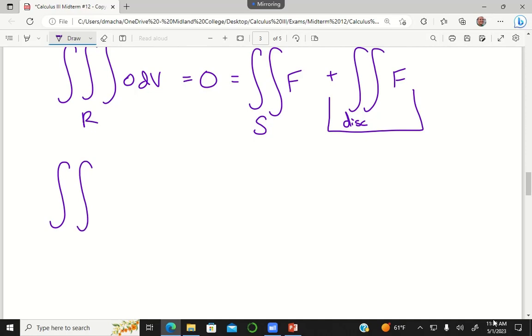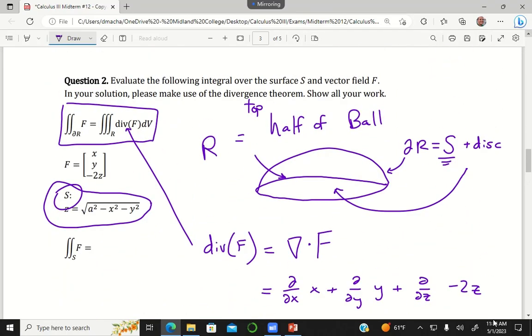To take the integral over the disk, we may not even have to do any work, if we think about this for a moment.